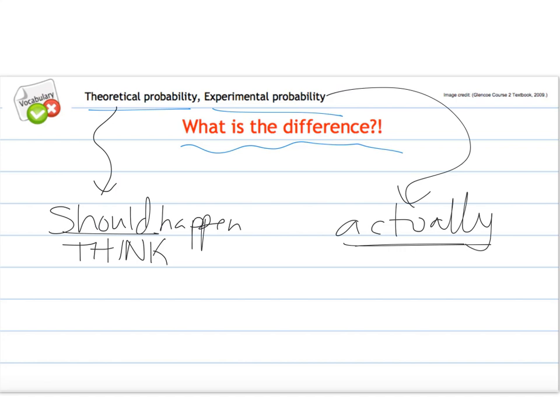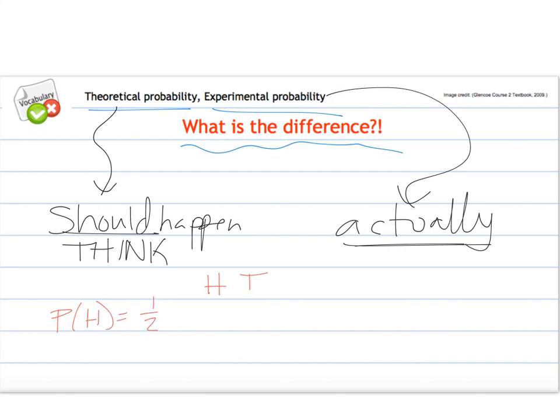The greater number of times you do an experiment, the closer they should be in value. So if I were to flip a coin, the results are heads or tails. I would say the probability of getting heads should be 1/2.